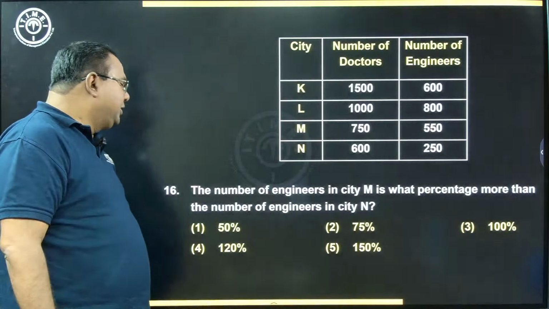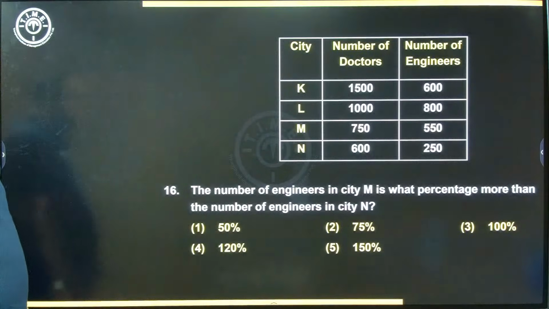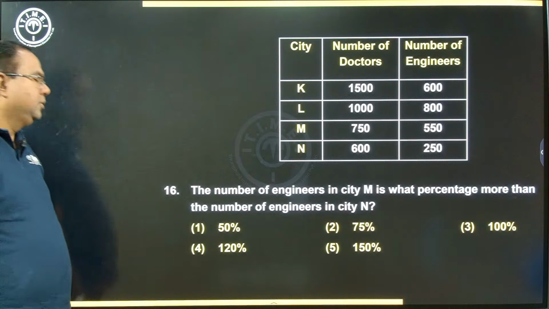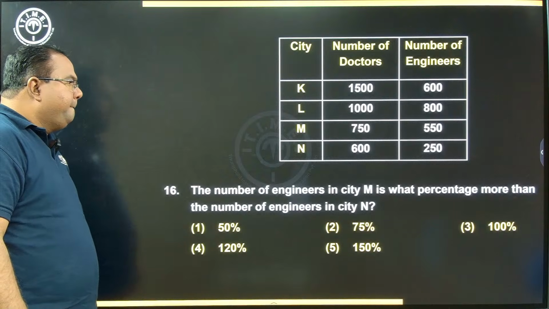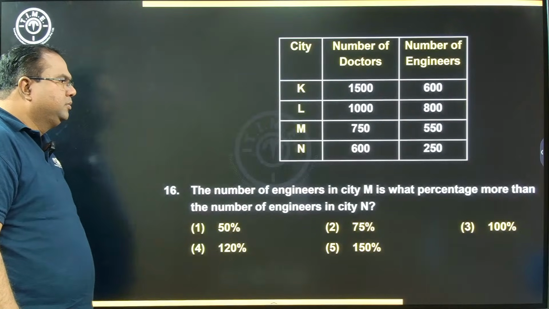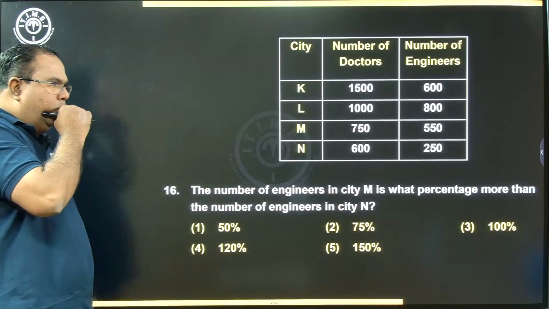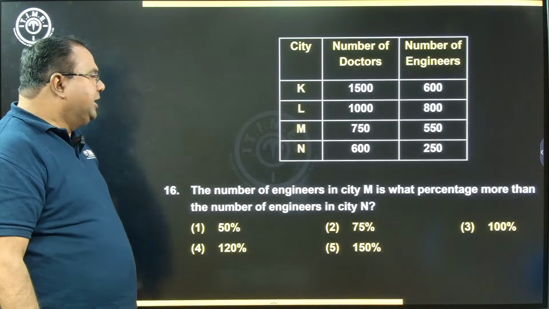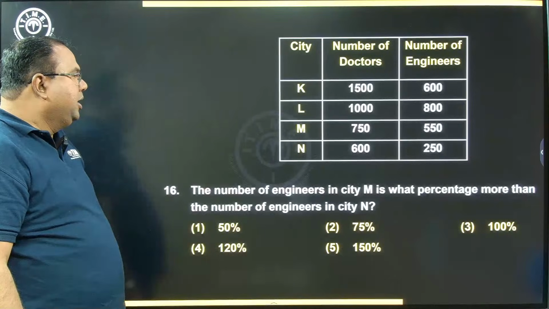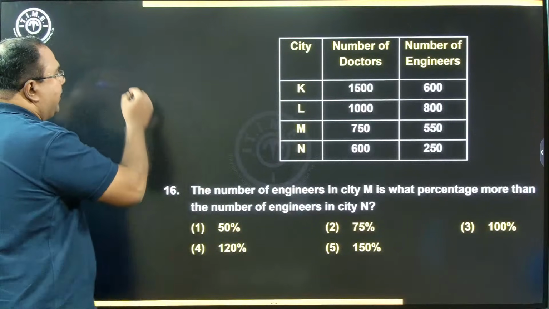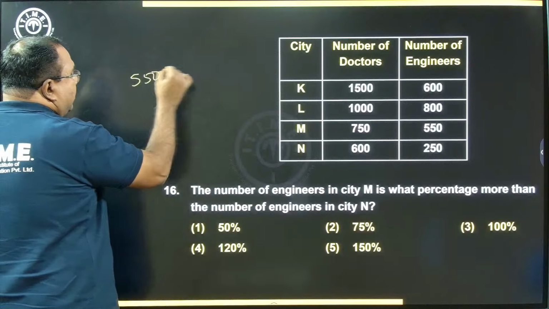So let's start with question number 16, students. Try this. Sixteenth question. Number of engineers in city M is what percentage more than engineers in city N? 550. N is 250.